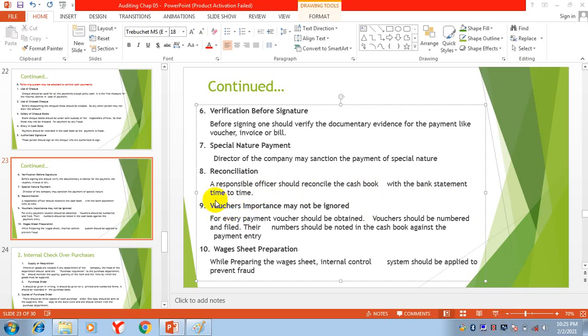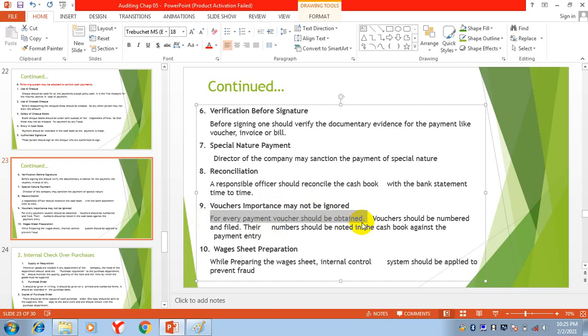Then the next is that the importance of vouchers may not be ignored. Whenever you are making payments, the voucher is the evidence, so its importance should not be ignored. For every payment, a voucher should be obtained.